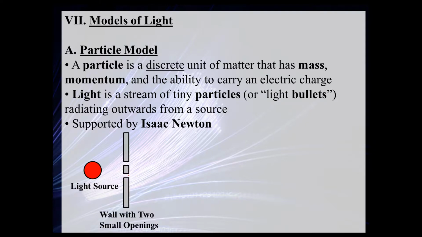To the right of the light source, we're going to view this from a top view perspective. I have a wall, and this wall has two tiny little openings in it. Past the wall, I have a screen that I can project light onto. And what I want to do is put this light source behind this wall, the two openings, and I want to predict what the screen is going to look like. What kind of light am I actually going to project on it?